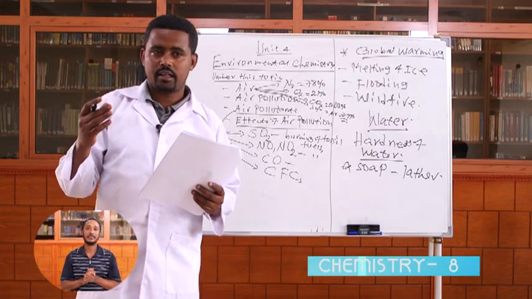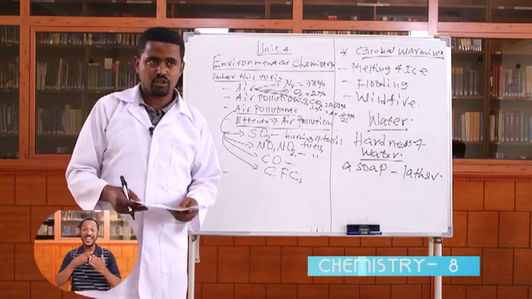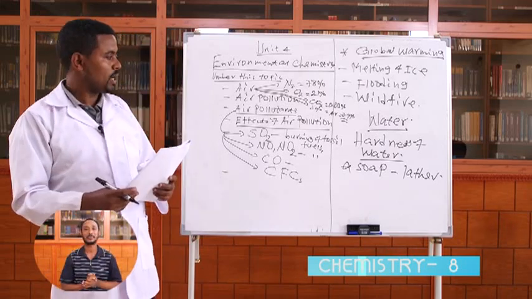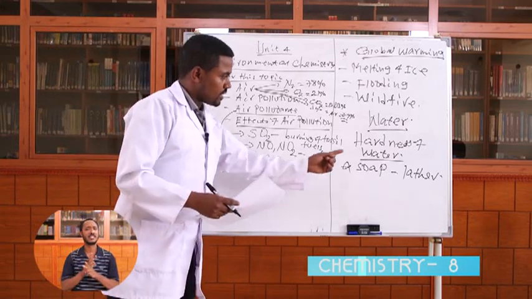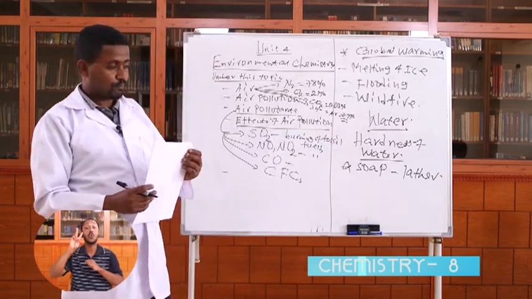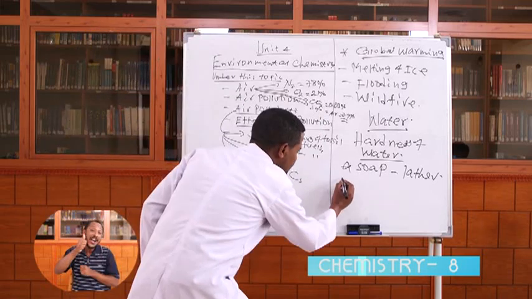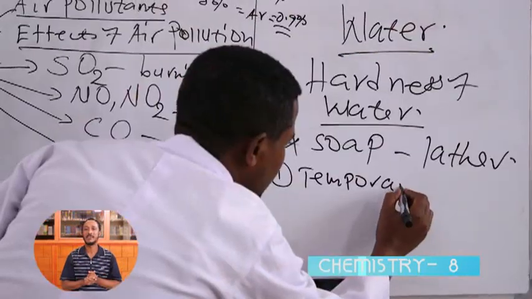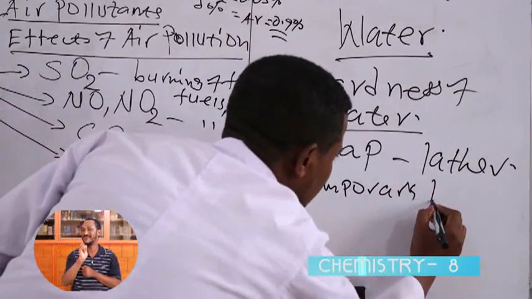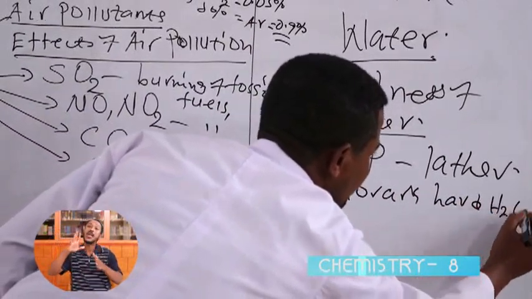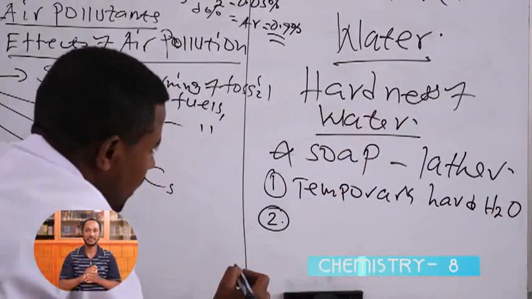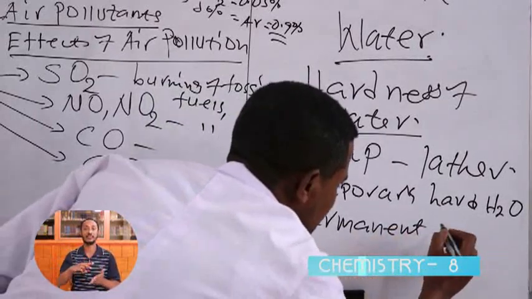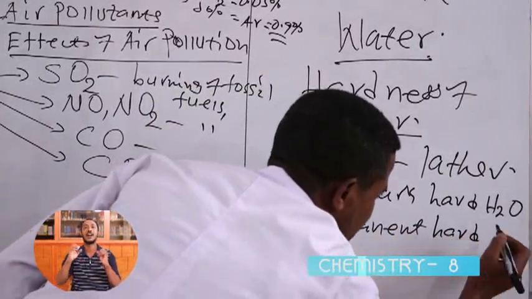Students, but this hardness of water can be removed using different techniques or different methods. Of course, under hard water, there are two types of hard water. These are temporary hard water and permanent hardness of water.